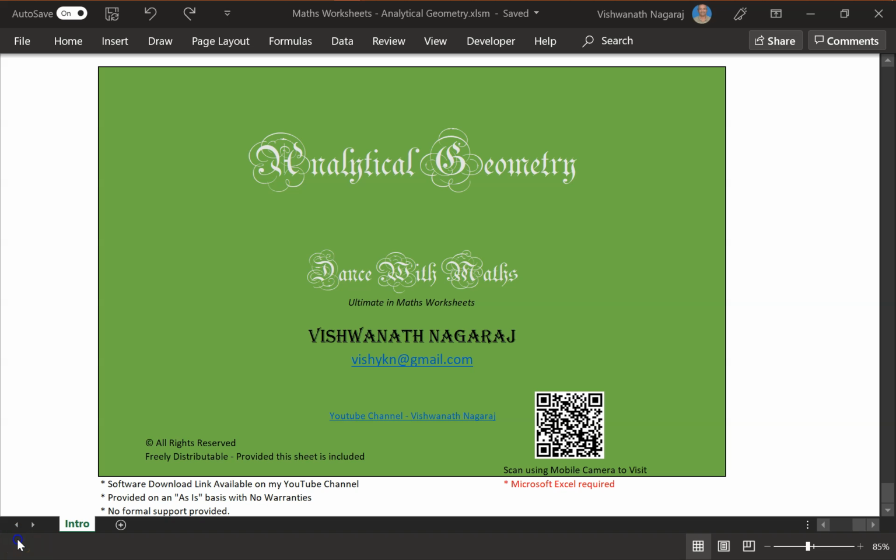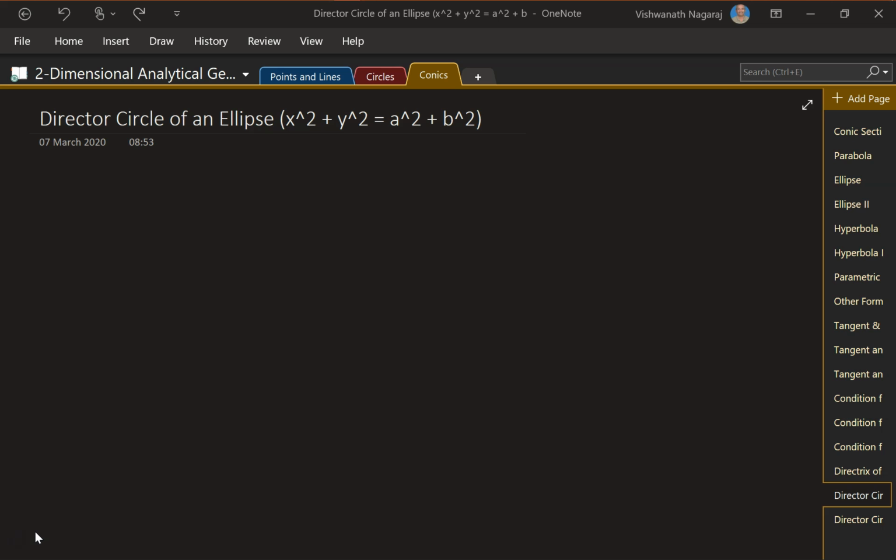Now let's look at the director circle of an ellipse. So what is that? Let's look at the definition.